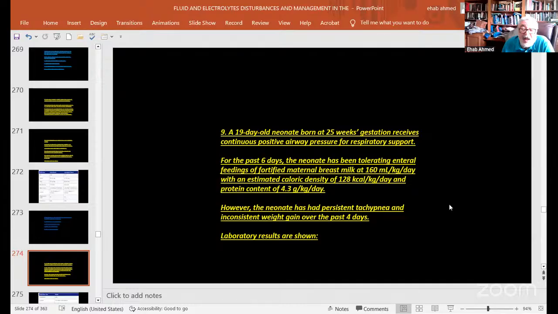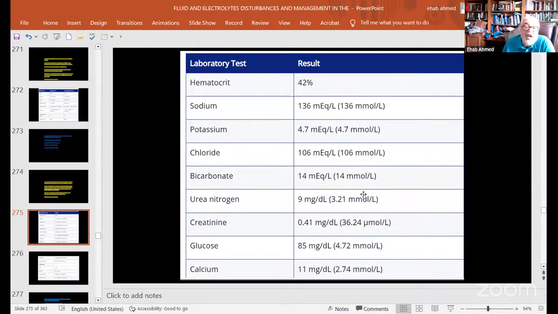However, the neonate had persistent tachypnea and inconsistent weight gain over the past 4 days. Labs: hematocrit 42, sodium 136, borderline normal. Potassium 4.7, chloride is okay, 106, bicarb 14, urea nitrogen, BUN 9, creatinine 0.41, glucose is 85, calcium 11.